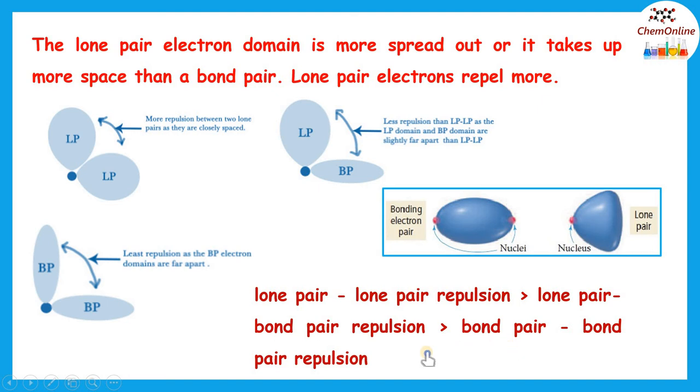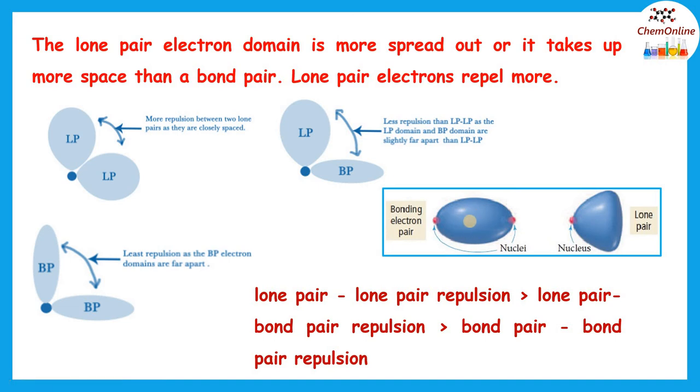than bond pair-bond pair repulsion. In this figure you can see that each bonded pair is shared between 2 atoms or 2 nuclei represented as small red balls, and this blue region represents the electron cloud or electron domain.